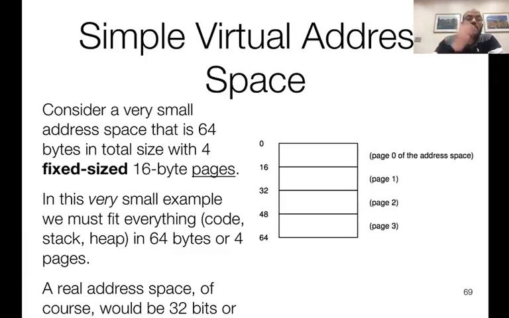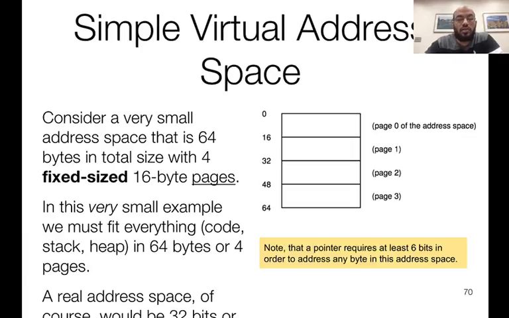In this very small example, you want to fit your code, your stack, and your heap in these 4 pages, because this is the virtual address space that you have. In real life, you would probably have larger pages, because your computers are either 32 bits or 64 bits, but let's not look at that now.